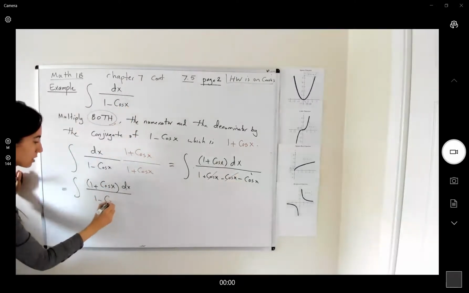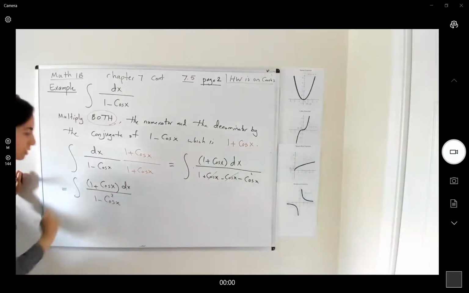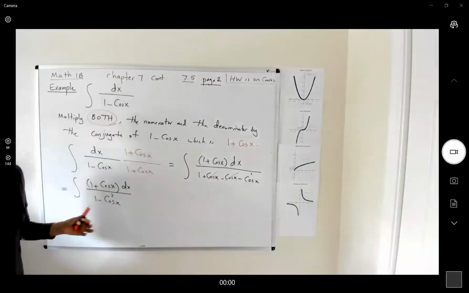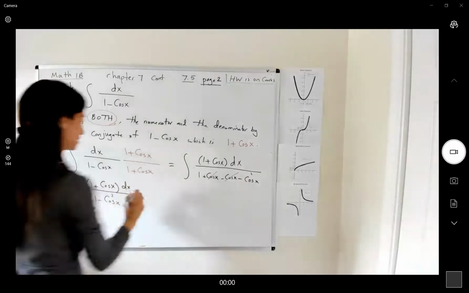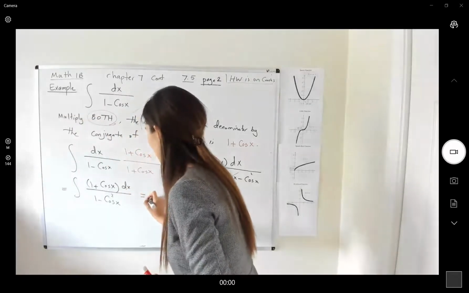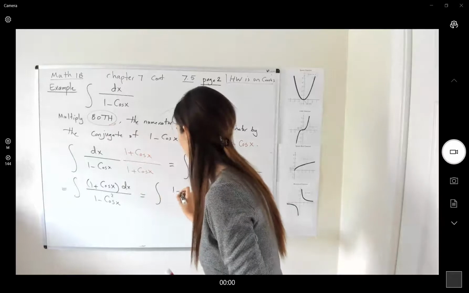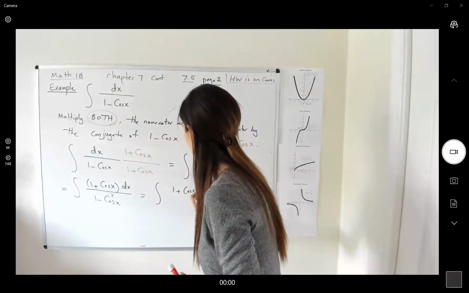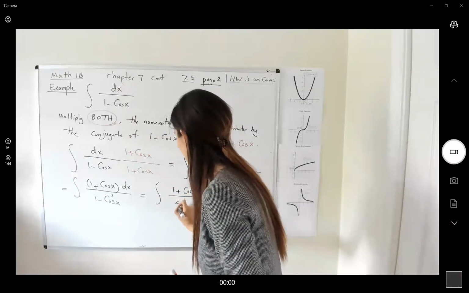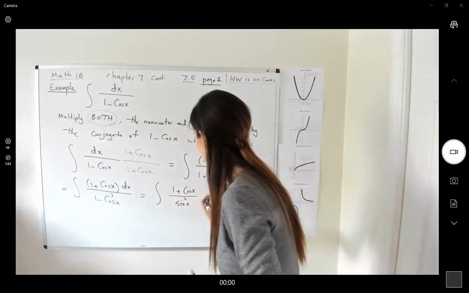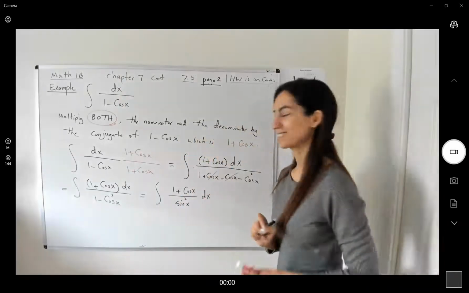1 minus cosine squared of x. 1 minus cosine squared, you already know that is sine squared. This is equal to the integral of 1 plus cosine x divided by sine squared x dx.